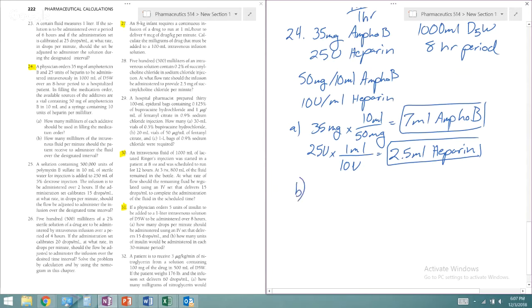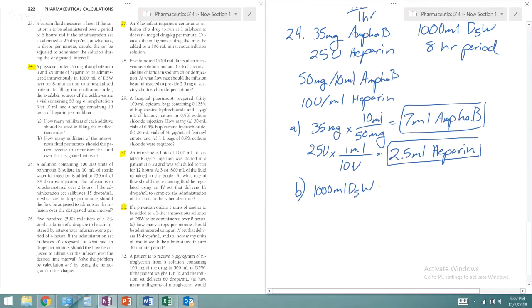Okay, so B, how many milliliters of the intravenous fluid per minute should the patient receive to administer the amount over that designated period? So they're having 1,000 mLs. This is added to the 1,000 mLs of D5W.